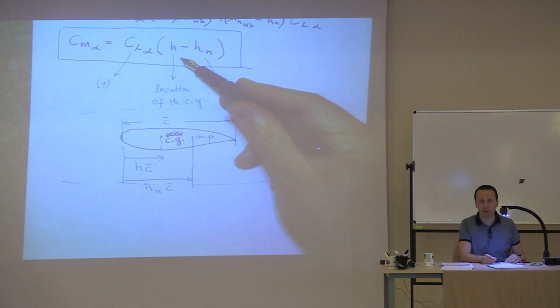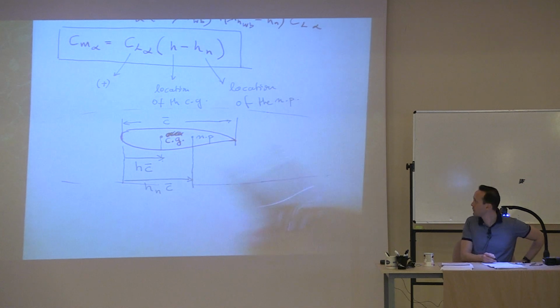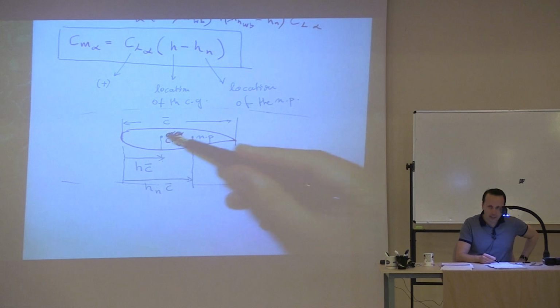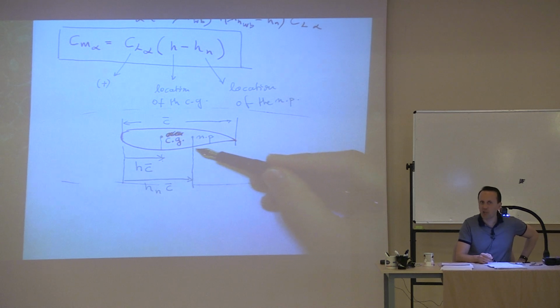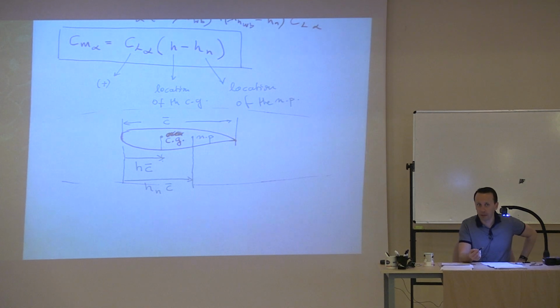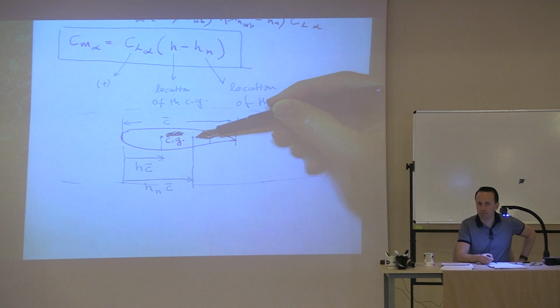Location of the CG. There's no aerodynamic center anymore. Okay, please correct this, CG. So if the neutral point is behind the CG, then this will be a negative number and Cm alpha will be negative, and therefore the airplane will be stable, right? If you move the CG, listen, this is important. If you move the CG onto the neutral point, what's going to happen? CG will be equal to the neutral point.